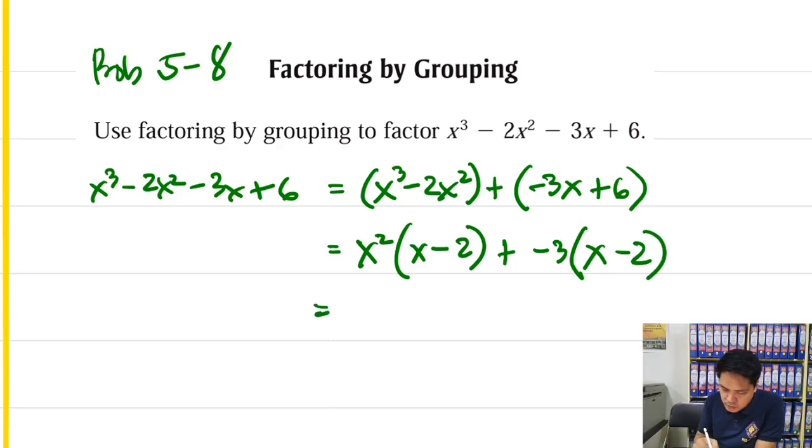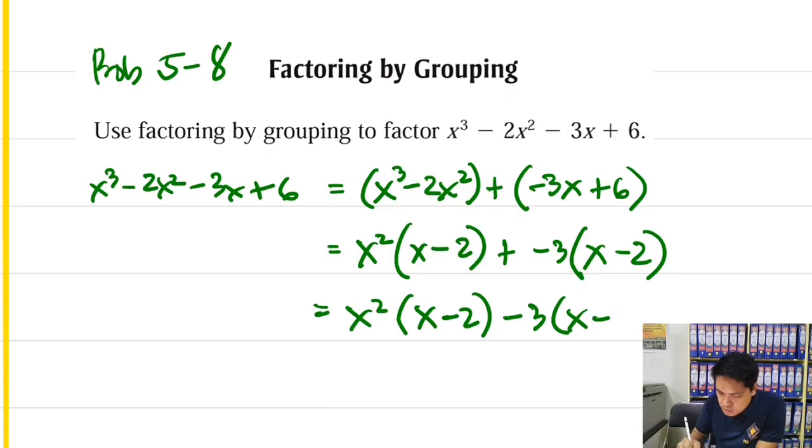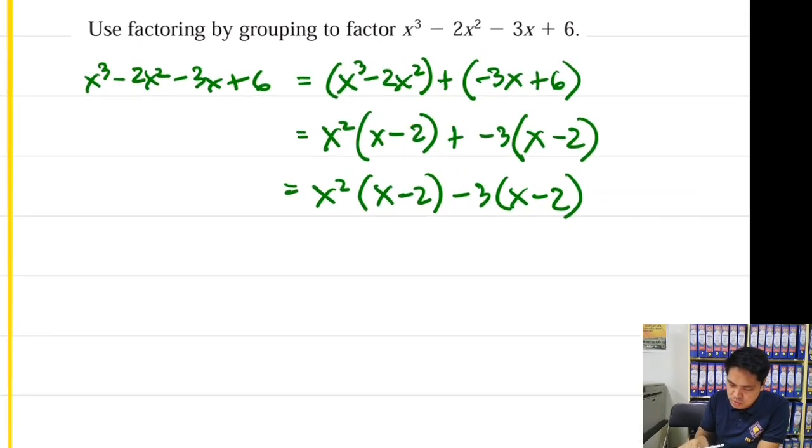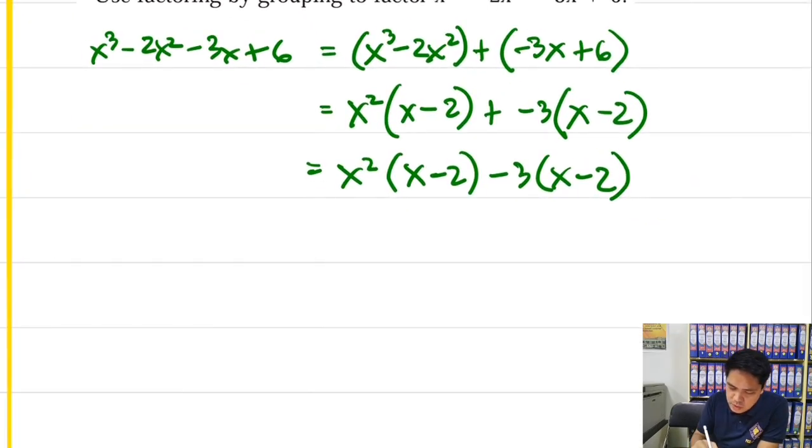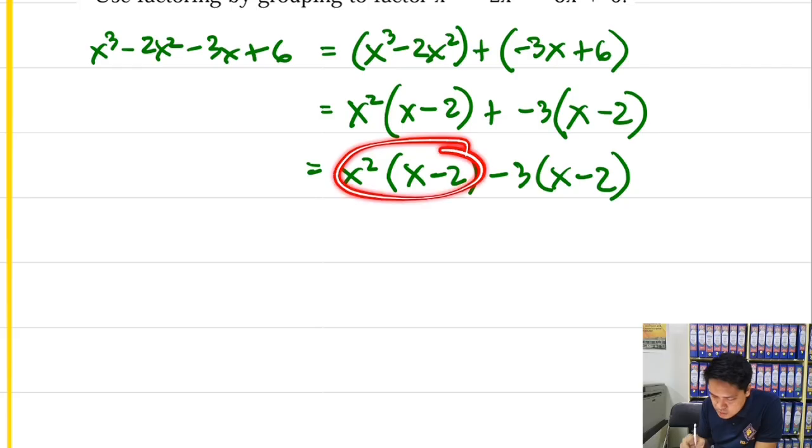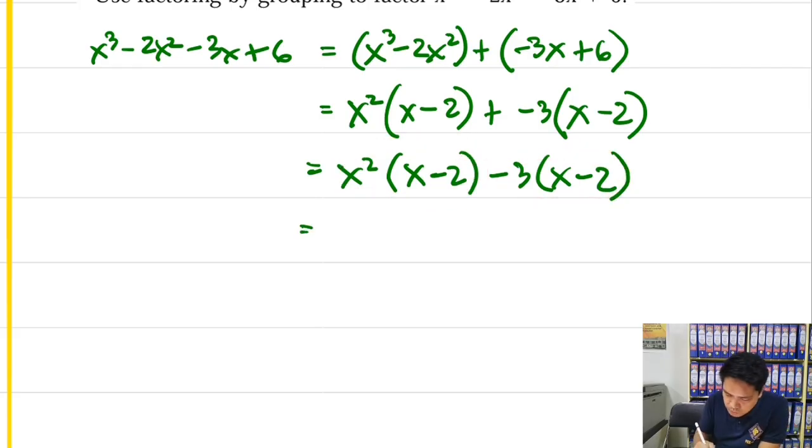Now, sige, i-rewrite natin: x squared times x minus 2, minus 3 times x minus 2. Now, if you notice now, dito, common na itong factors. We have two terms, and common term, yung x minus 2. So, we could factor out again x minus 2.